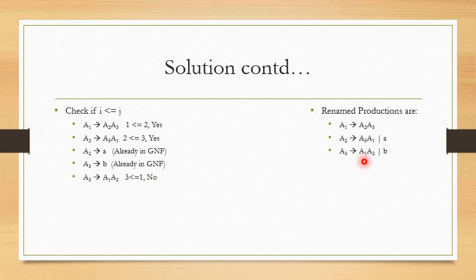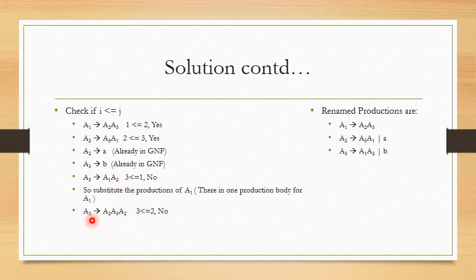So what we do is substitute the productions of A1. A1 has only one production, A2 A3. So the A3 production will change to A3 can be A2 A3 A2. Now again I check the values of i and j.